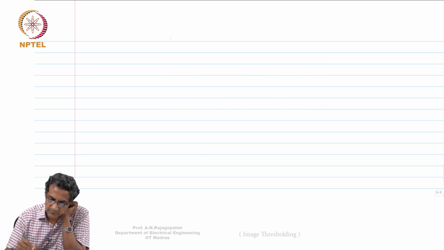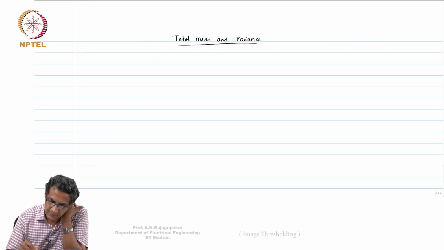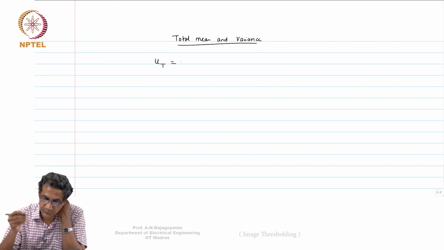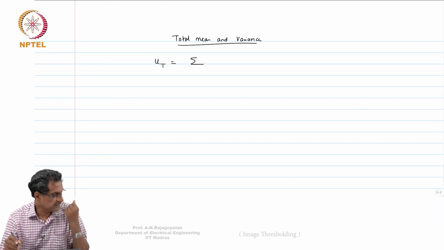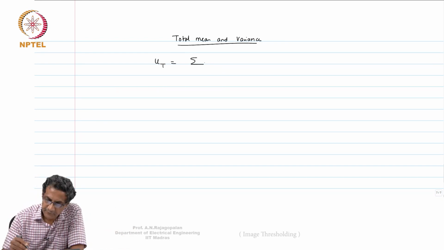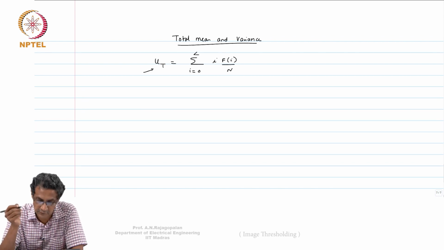Now what about the total mean and variance of the entire image? That will not be a function of small t. So mu will be simply the summation from I equal to 0 to L of I times f of I by n, and I have not made this a function of t because it is not.